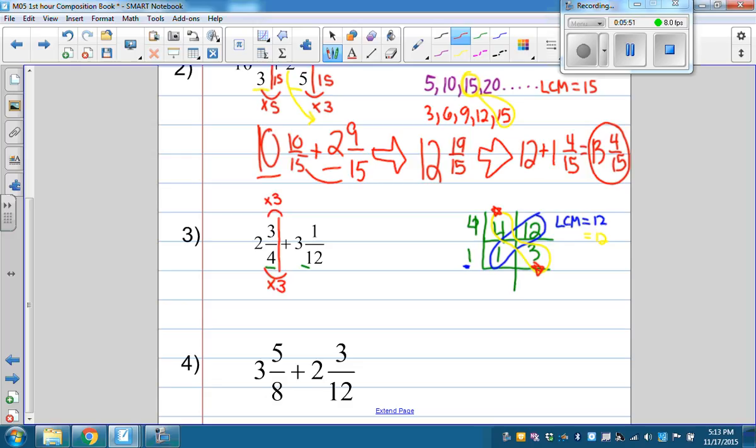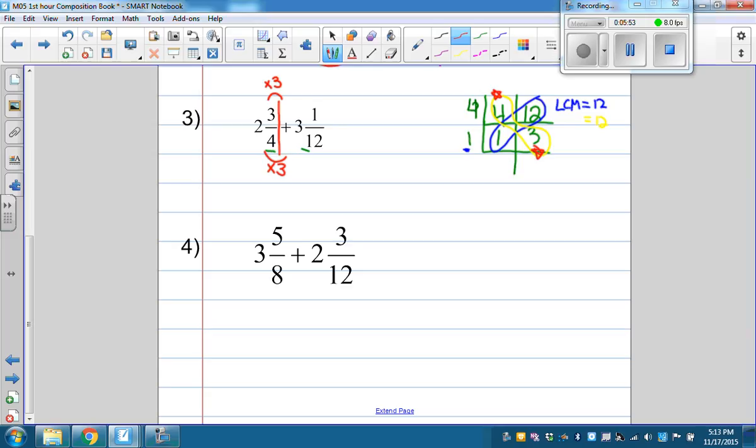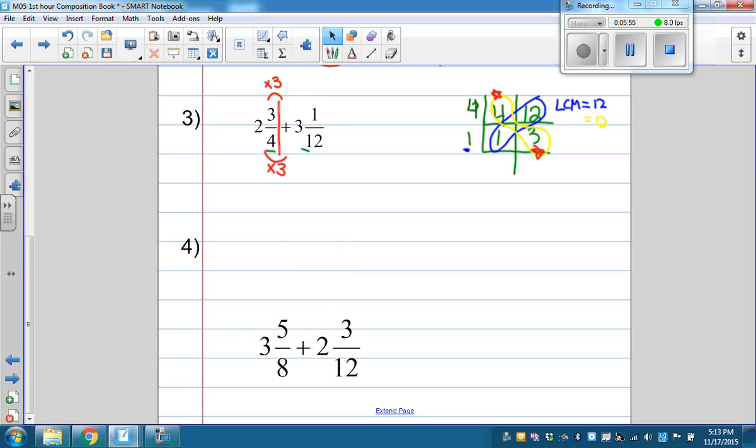So I have to multiply the top and bottom by the same number. Make a little more room. So this is 2, and 3 times 3 gives me a 9. So 2 and 9/12 plus 3 and 1/12.